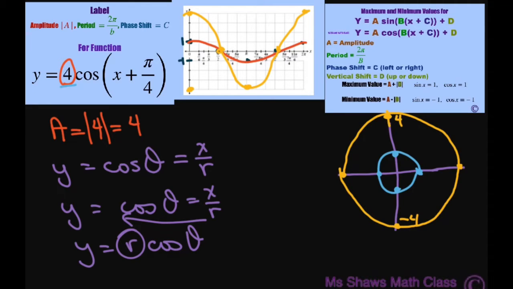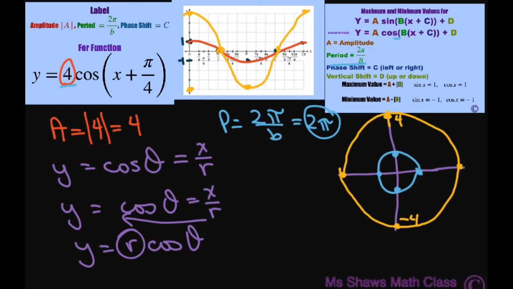All right, so for the period, given here, 2 pi divided by b. Well, our b is just 1. So our period is just going to be equal to 2 pi. That means it makes a complete wave for 2 pi radians, or 360 degrees. It makes a complete rotation.